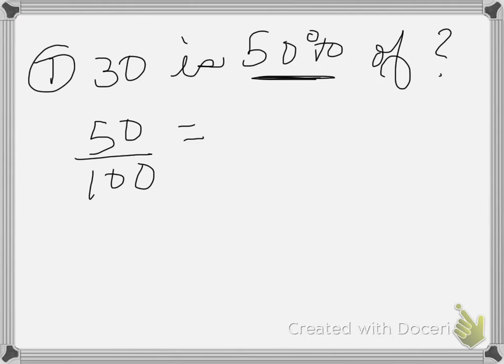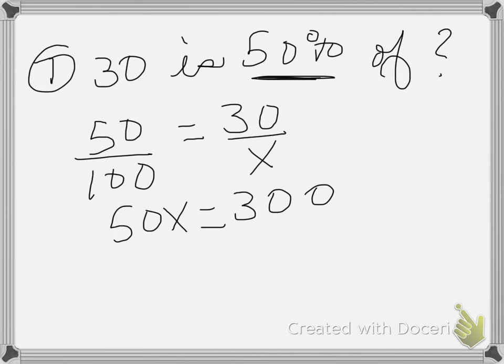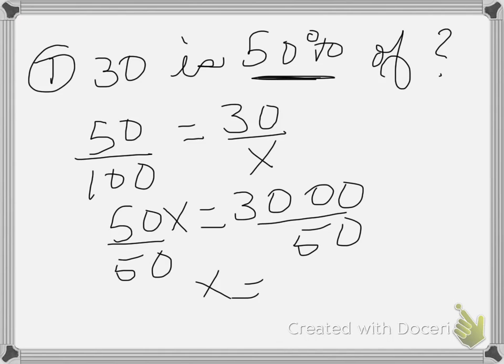Of is the whole thing, part over whole, 30 over x. So cross multiply, you get 50x equals what? When you multiply 50, and this is 3,000, okay? So divide both sides by 50. And what did we say x was for number 7?